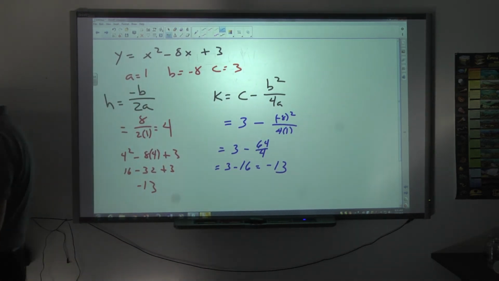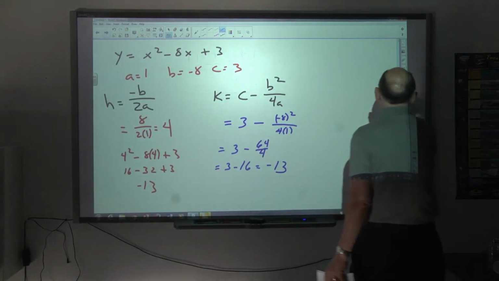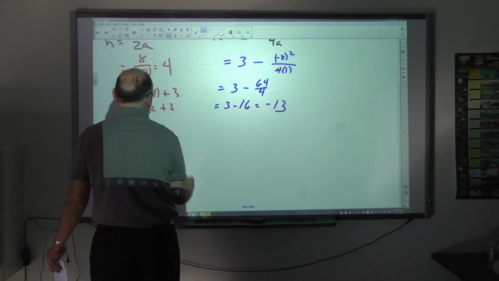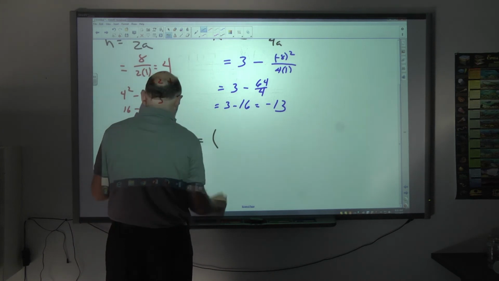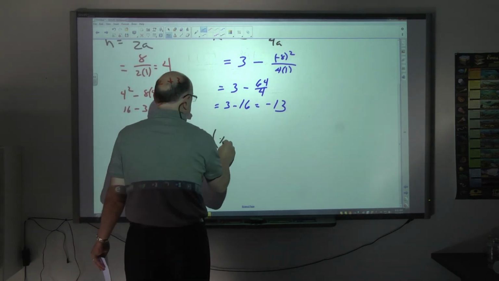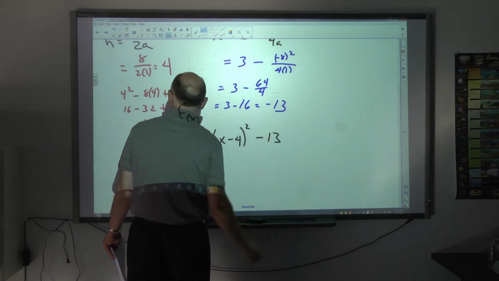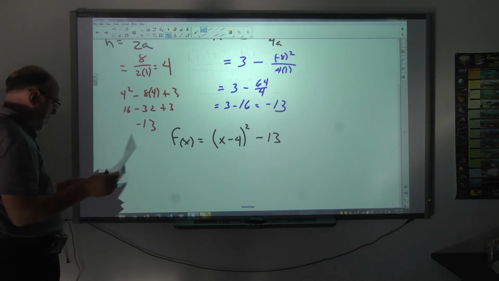Right? Okay. And so again, now if I want to rearrange this into the other format, we would get that my equation is going to be f of x, the a value was 1, and so we get x minus 4 squared minus 13. And so that would be our equation of this.